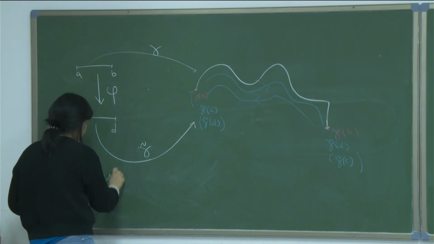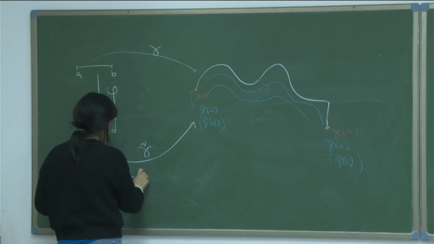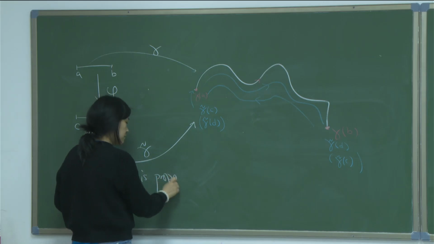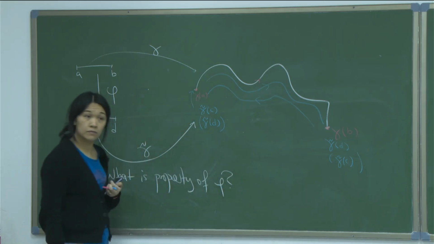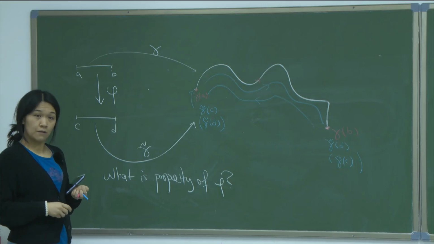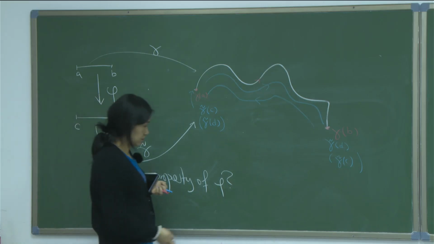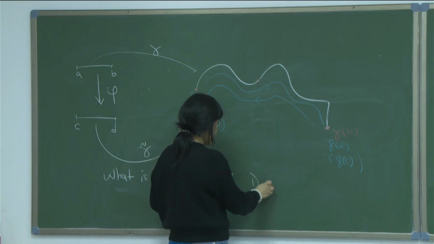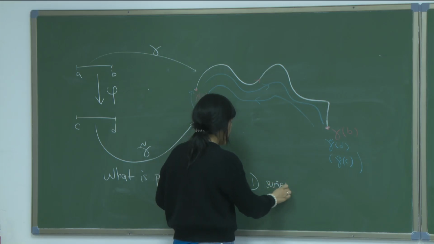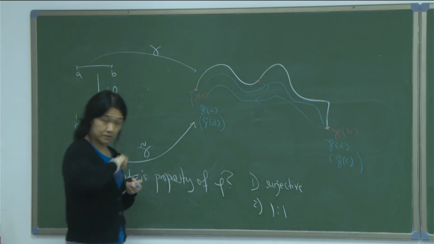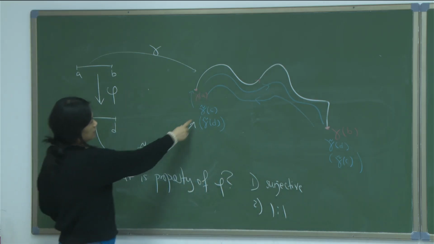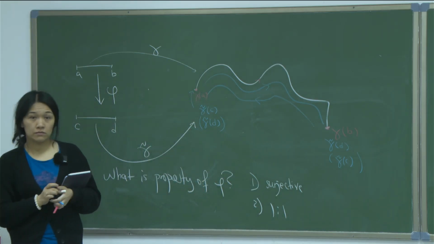One to one. So phi should be one to one. No, phi should be surjective. You said one to one? What else? What is the difference between this case and this case? The orientation.